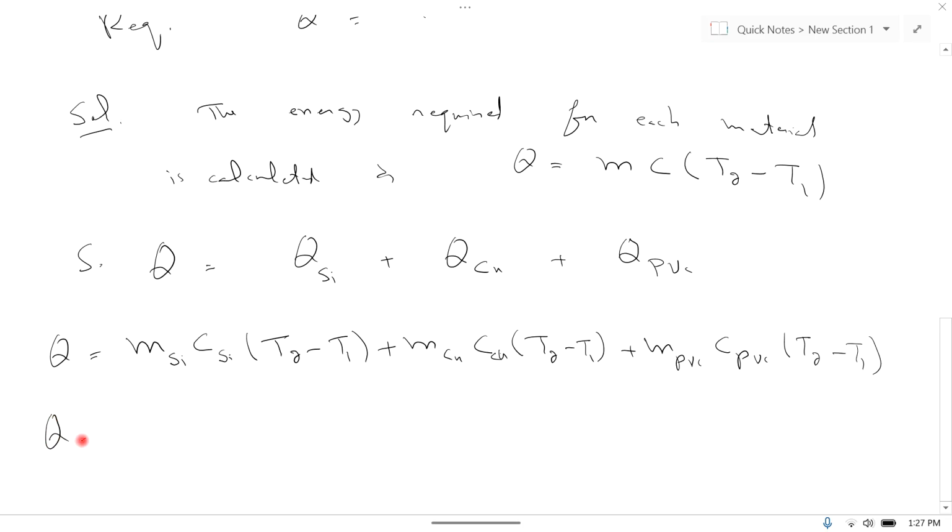So T2 minus T1 is common in all three. So we can write this as mass of silicon into heat capacity of silicon plus mass of copper into heat capacity of copper plus mass of PVC into heat capacity of PVC, into T2 minus T1.